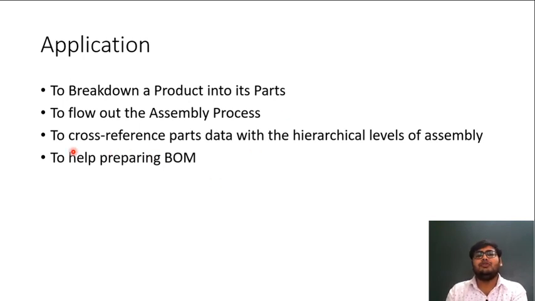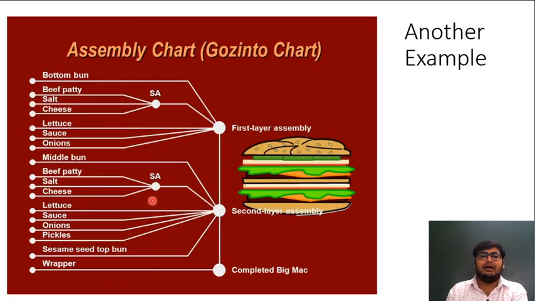Also it is used for cross-referencing parts data with level of assembly. What do we mean by that? There will be some sub-assemblies, and we cross-reference this with the part data that is available.